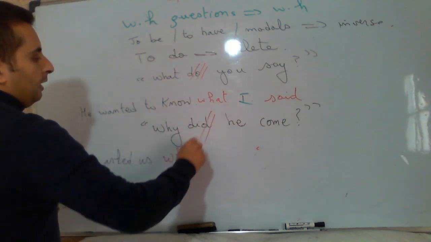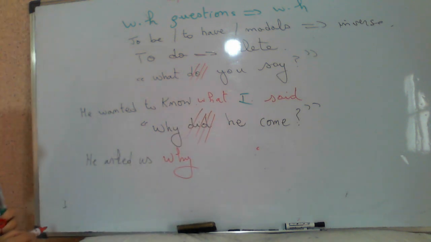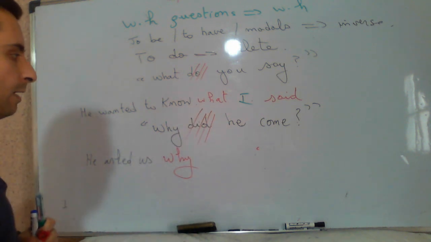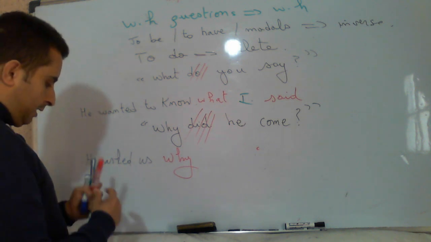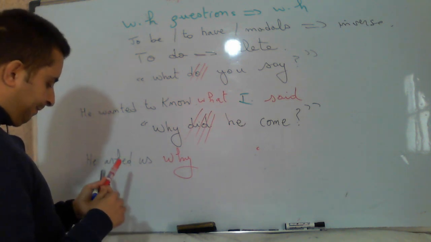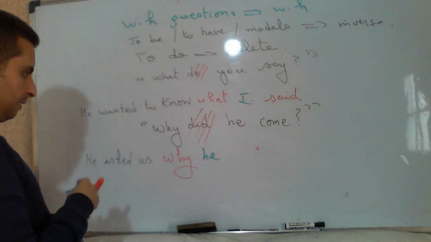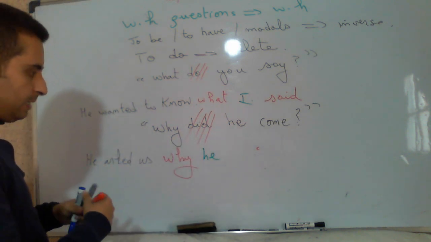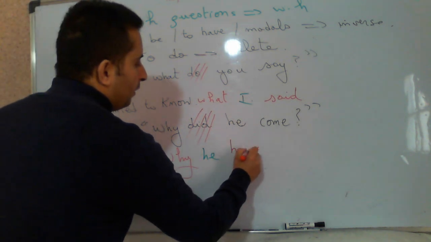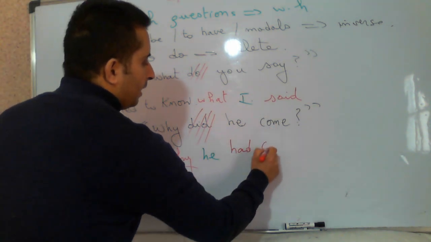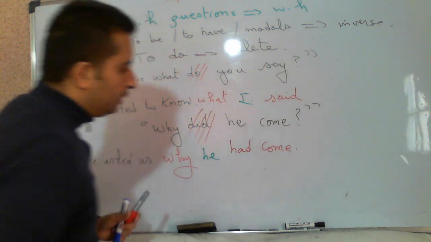Did, we delete it. Okay. But we keep in our mind it is the past. The past becomes past perfect. He is not changed. Okay. So he. Simple past becomes past perfect. What is it? Had. The past participle of come is not changed.